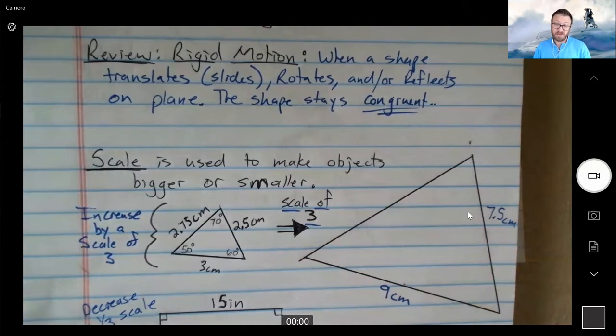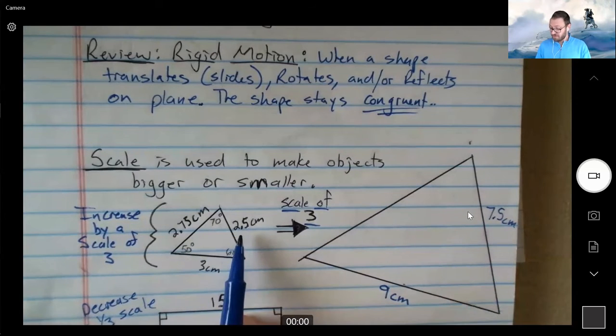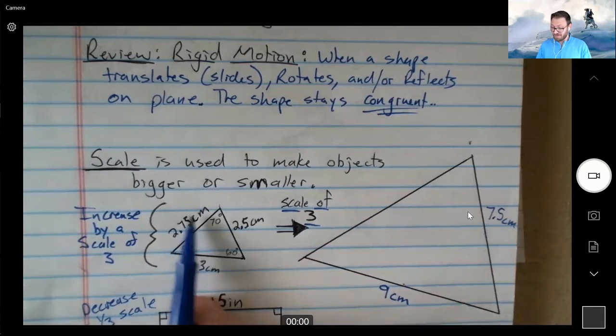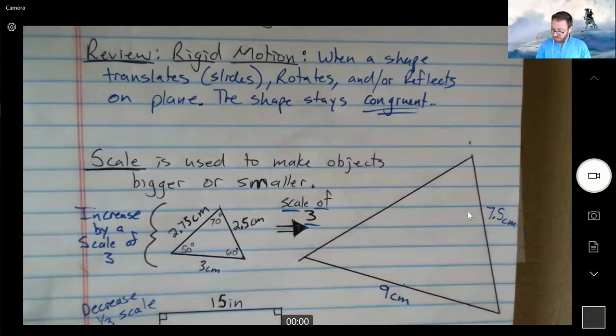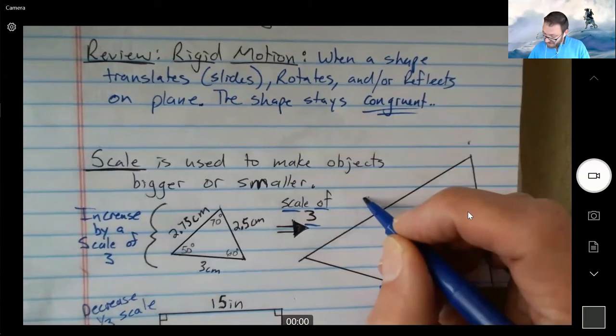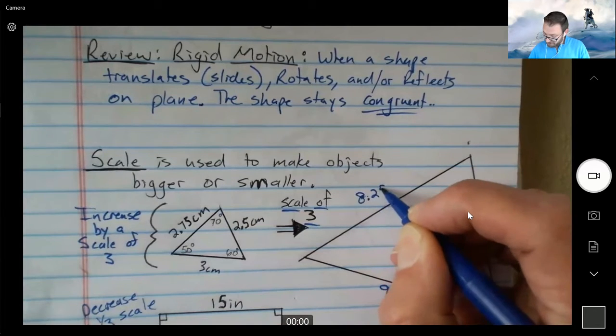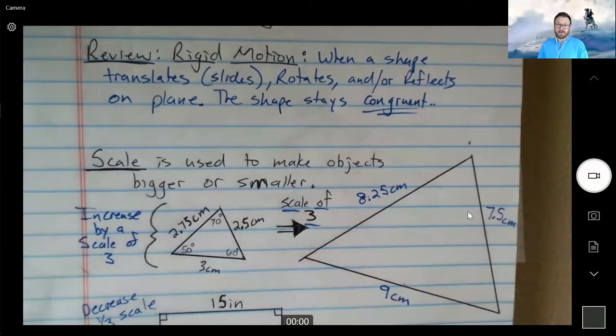You can do this however you'd like. You can think of it as 2.5 plus 2.5 plus 2.5, which we already know is 7.5, but then we'd have another 75 cents, right? Because it's 0.25, 0.25, 0.25, 3 times. So it'd be another 75 cents. Or you could just take out your handy dandy trusty rusty calculator, do 2.75 times 3. And this is going to be 8.25 centimeters.